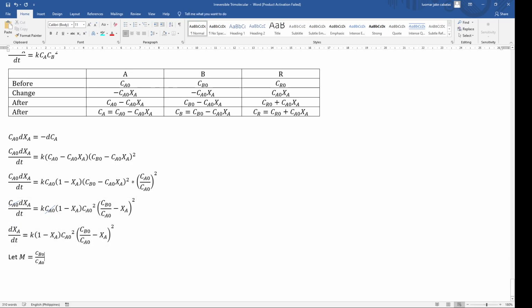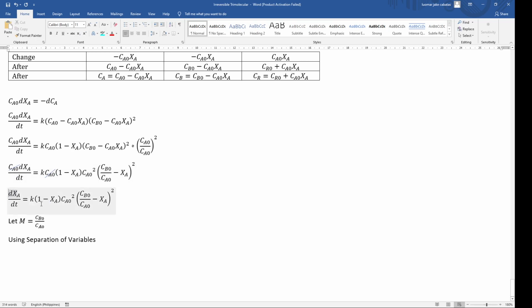Then using separation of variables, we have that.